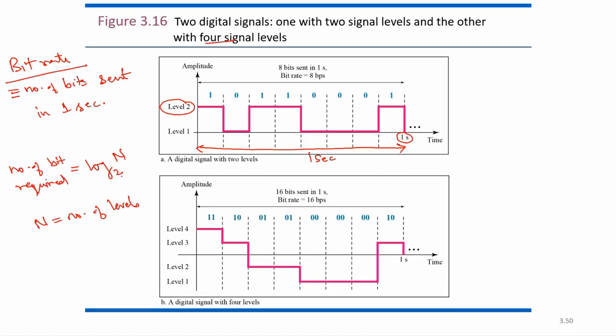For 4 levels, log 4 to the base 2 is 2, so each level has 2 bits.